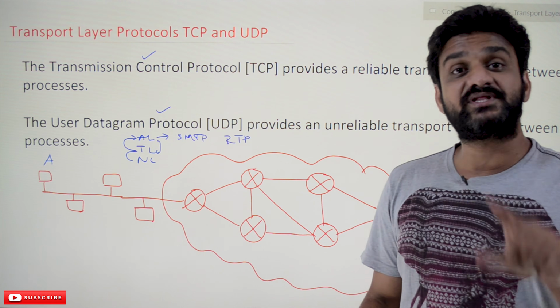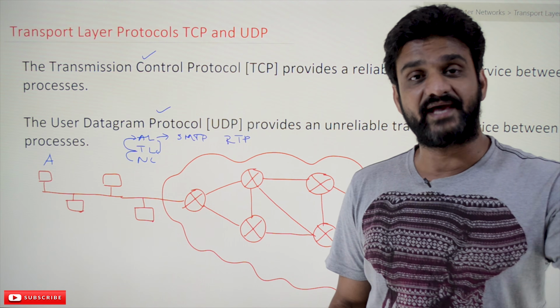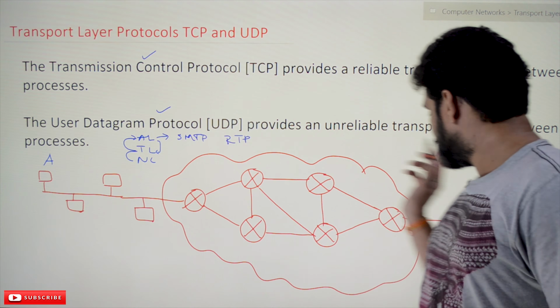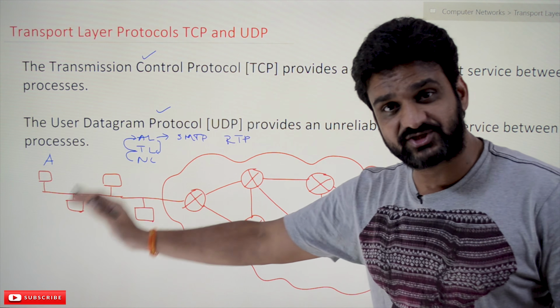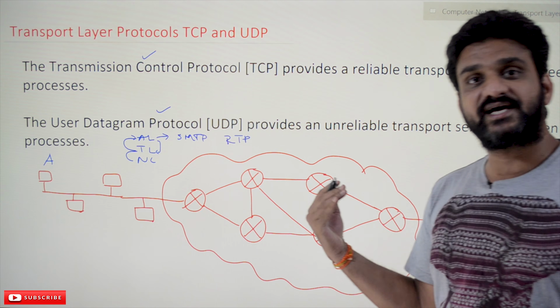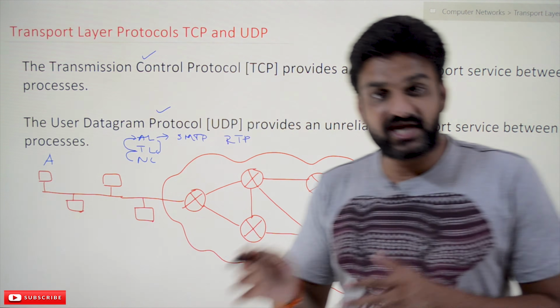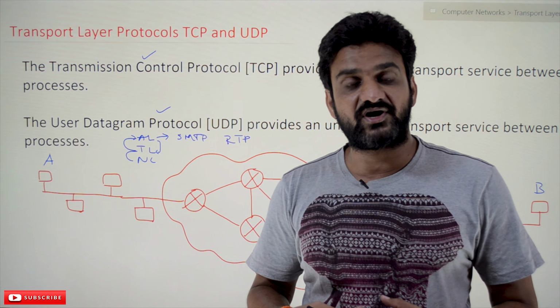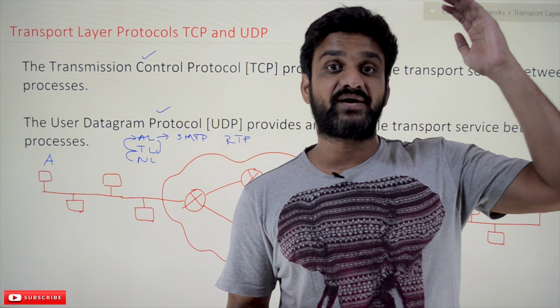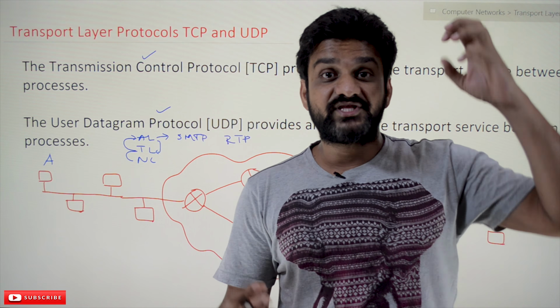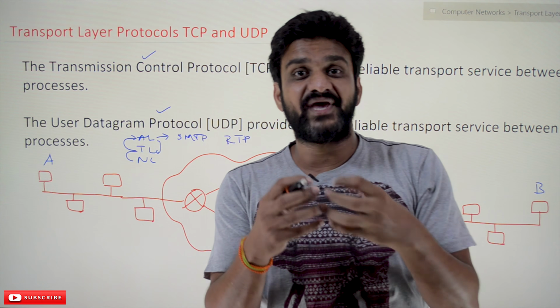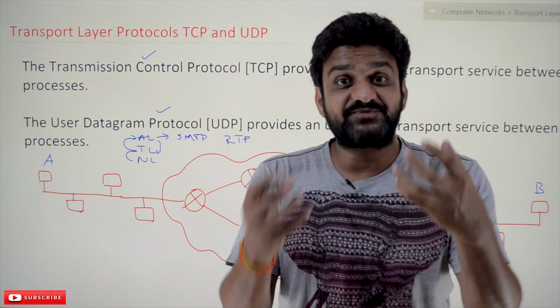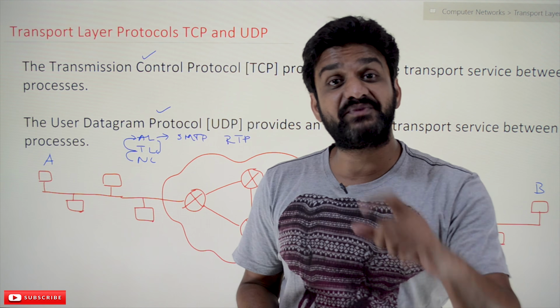In TCP, the overhead is high. The connection has to be established, after that the data has to be transmitted, and every packet will be checked whether it has been received or not, and only then will it be passed to the application layer, the top layer. This makes the transmission of data very slow, but UDP is very fast.